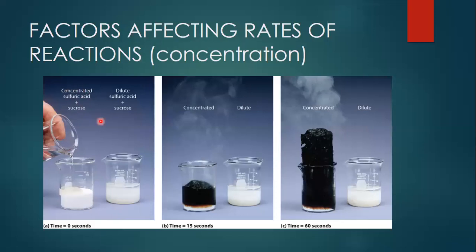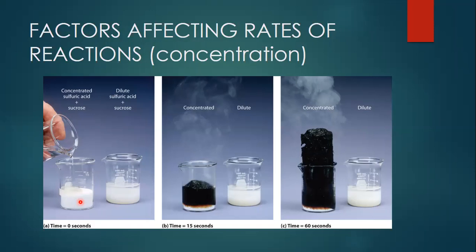So here I have two beakers. In beaker 1, the first beaker, I have sucrose. And sucrose simply refers to table sugar, the normal sugar we use for cocoa or porridge, tea, or breakfast.